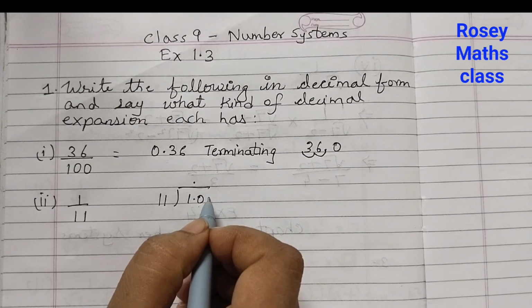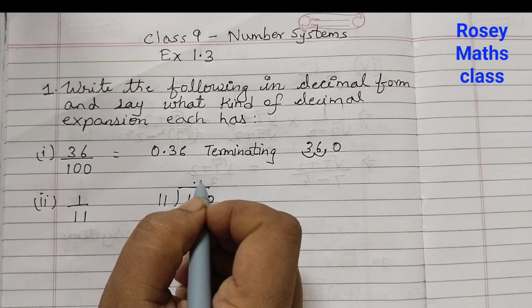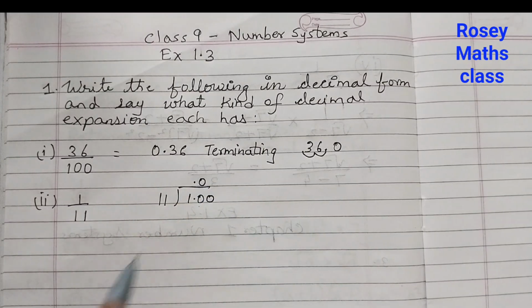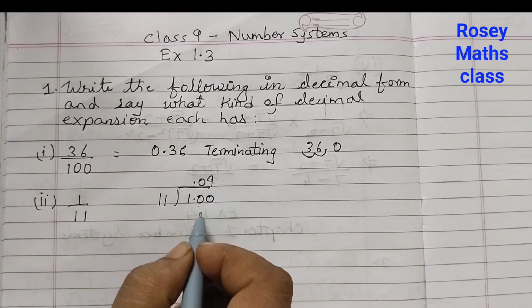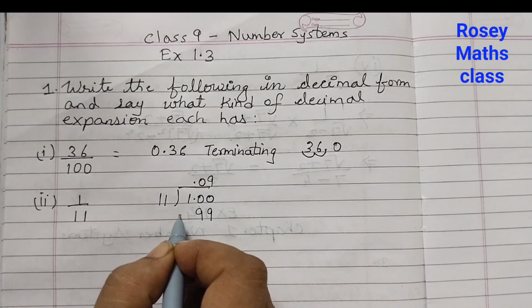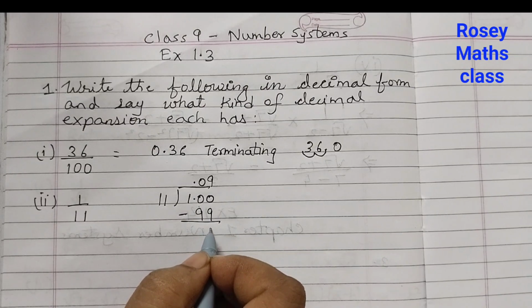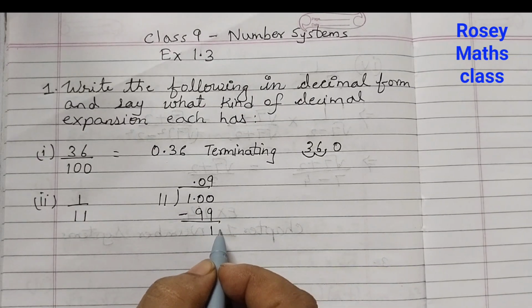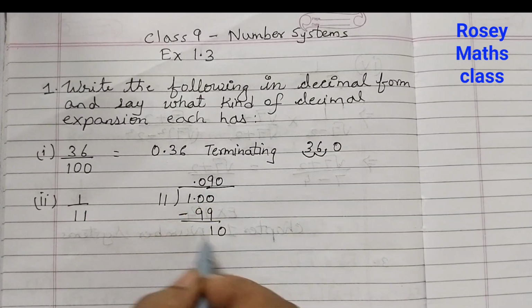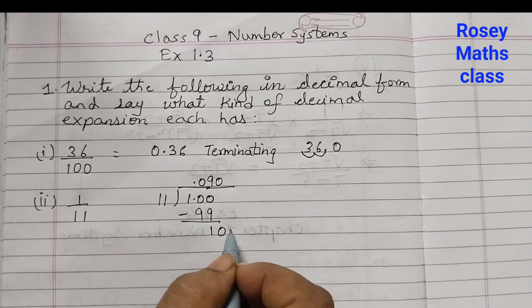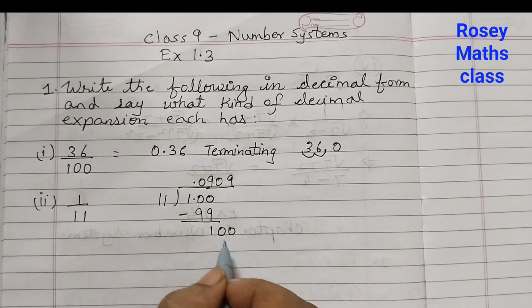So we need to put one more 0. 11 nines are 99. Subtract, 100 minus 99 is 1. Put a 0. 10 is still smaller than 11.